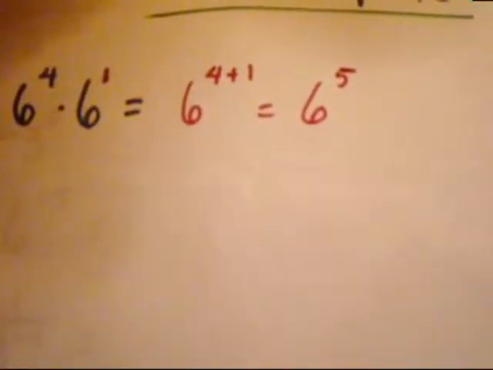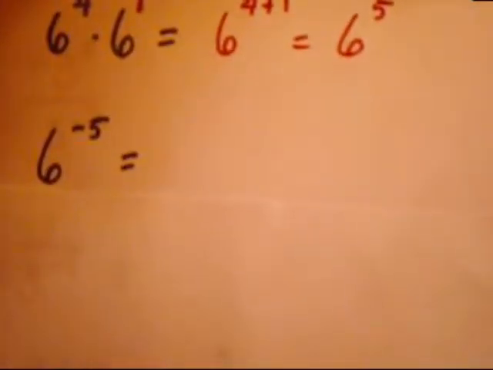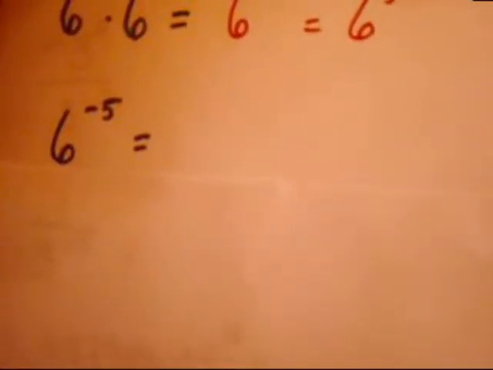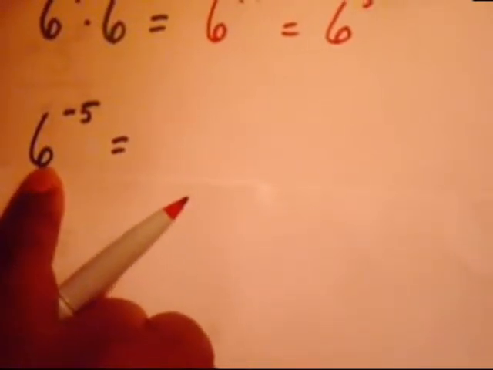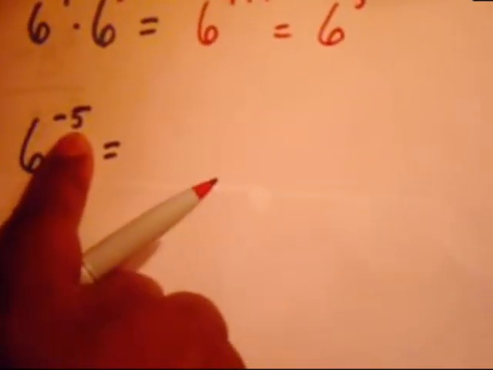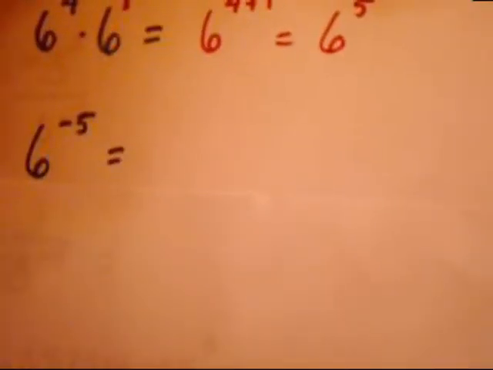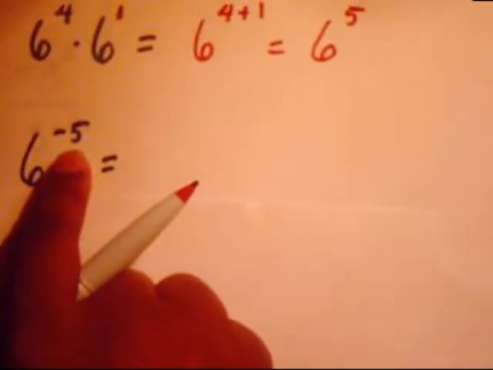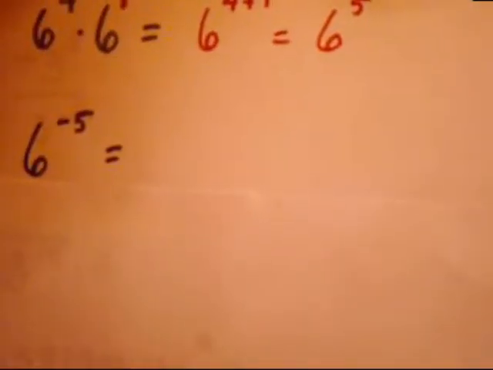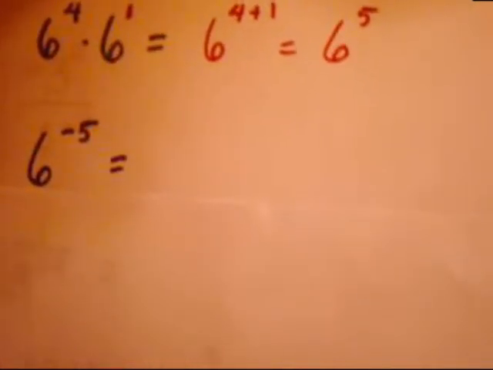Okay? The second one that I want to talk about is power of a negative exponent. What I always tell students is, guys, how can you have a number that's being raised to a negative power? Powers are supposed to be positive to make the numbers bigger. So if you ever see a number that's being raised to a negative power, what you need to make sure that you do is turn it into a fraction.